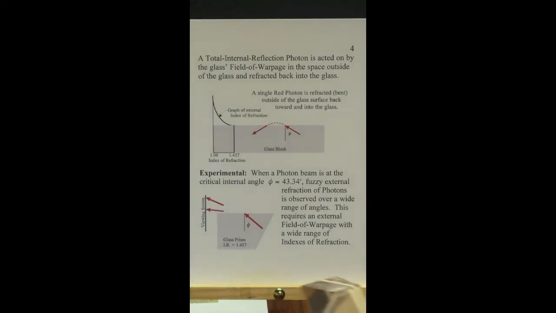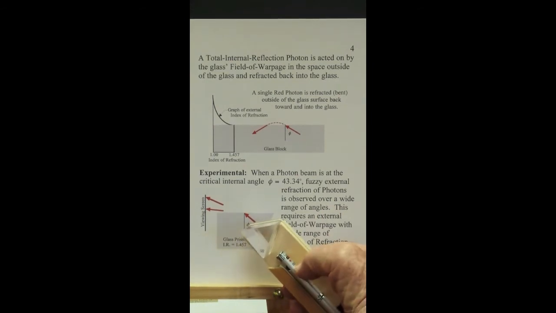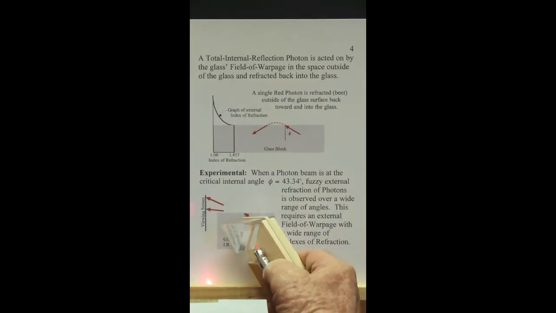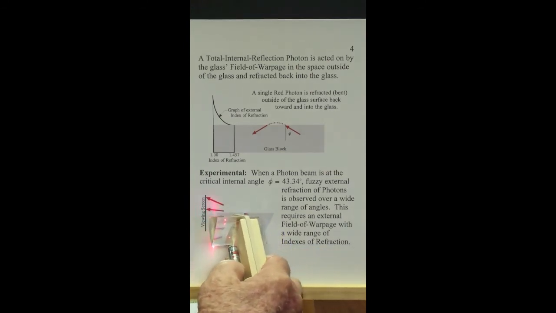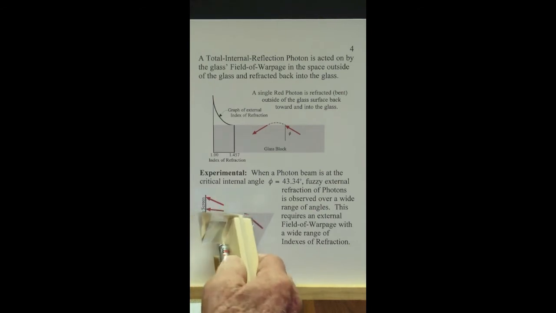I have here an experimental desktop model, and it's got a laser mounted here, and when we rotate this, we can see the field of warpage being illustrated by all of these photons that escape and come up above the surface of the glass.